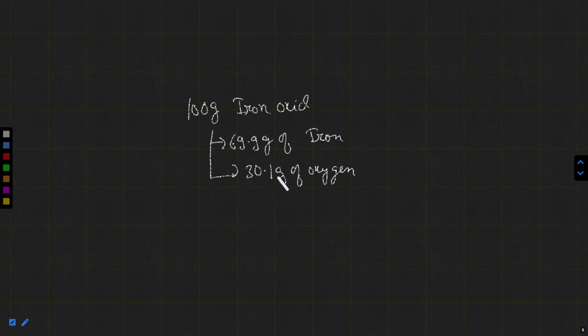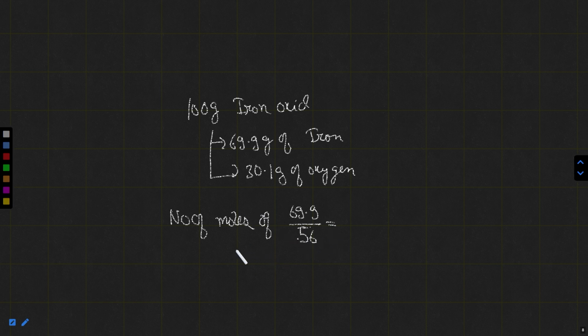Now this is the mass, so if you have to calculate the number of moles, that would be 69.9 divided by 56.